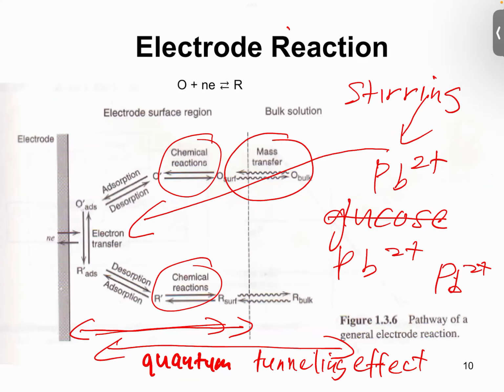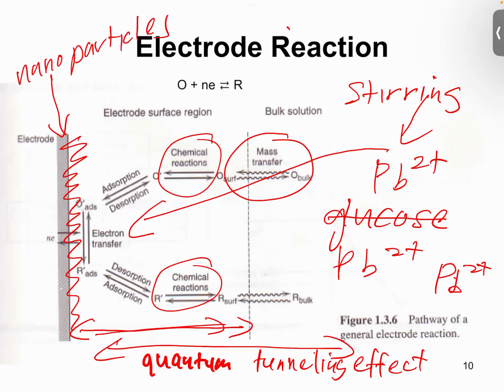Usually when we do development of biosensors or chemical sensors, we do what we call surface modification here. Okay, so as I mentioned before, if you want to enhance the electron transfer, we put nanoparticles, metal nanoparticles, yeah?